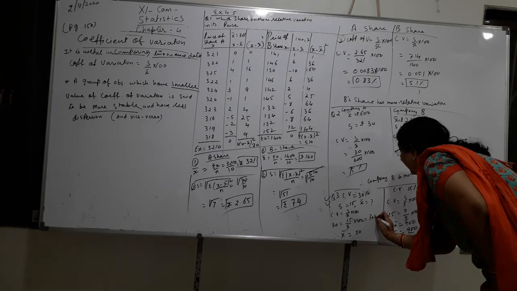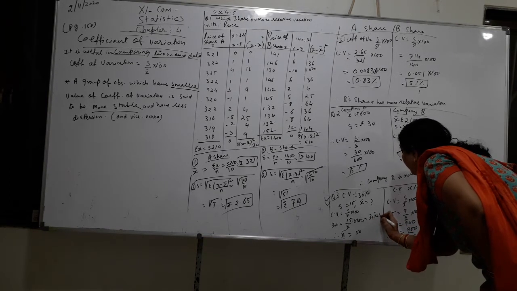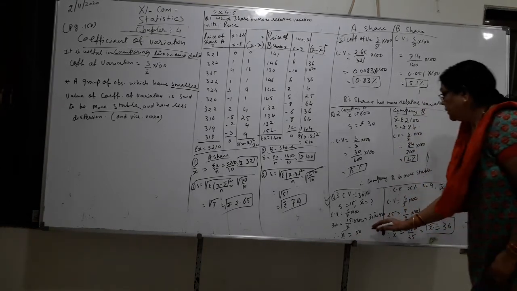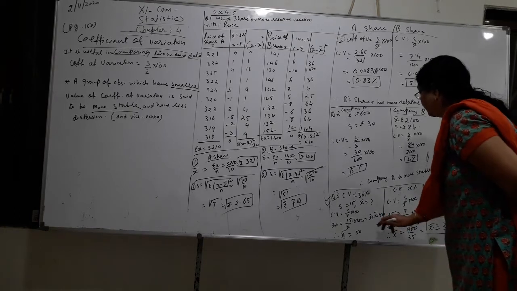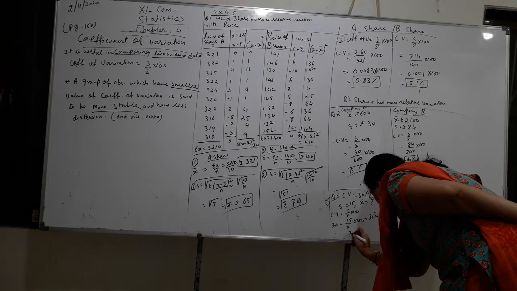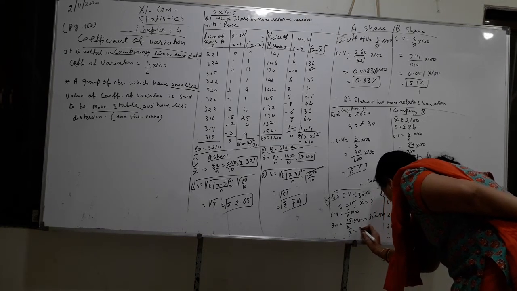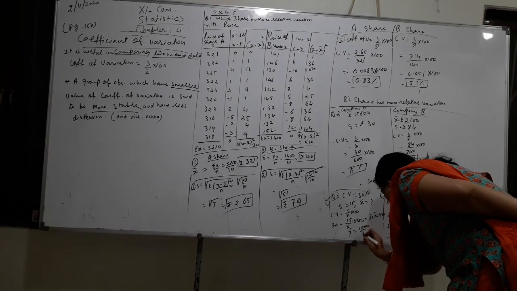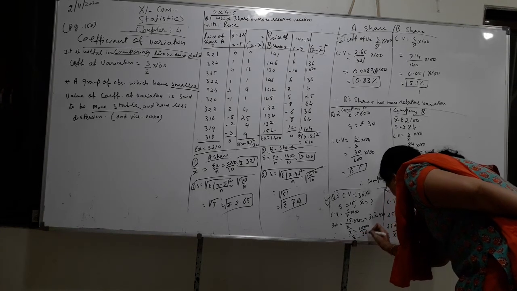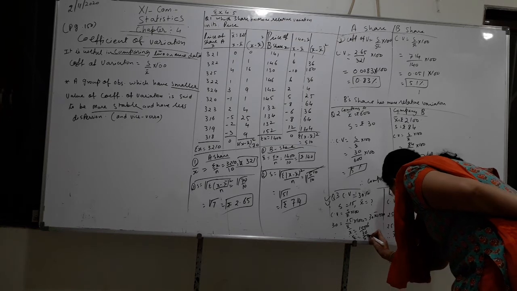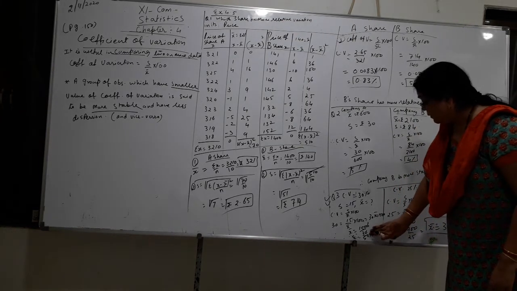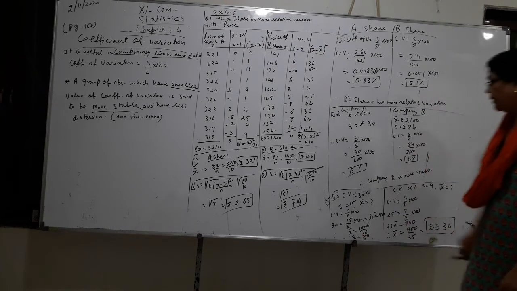You will get 30 x bar equal to 1500. So x bar equals 1500 upon 30. The 0 will cancel and you will get 50. You will get the mean, not a percentage. You will get x bar 50.